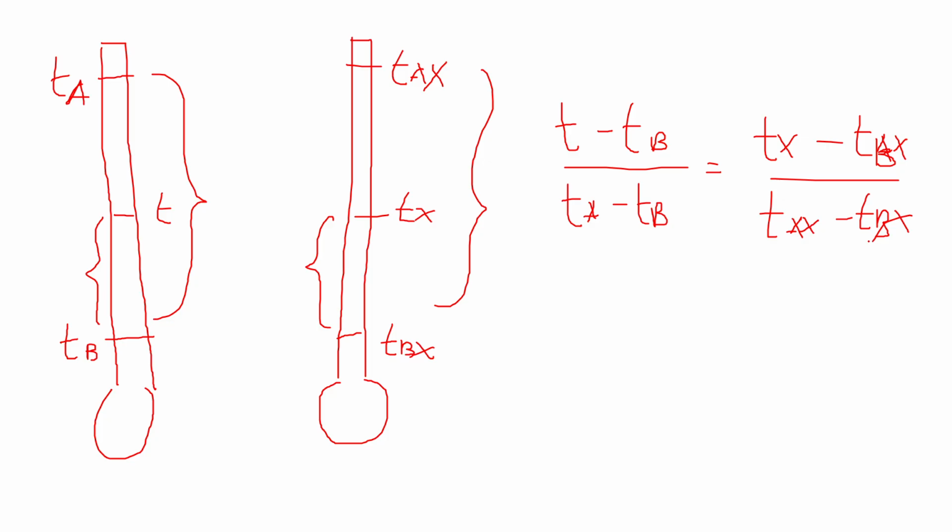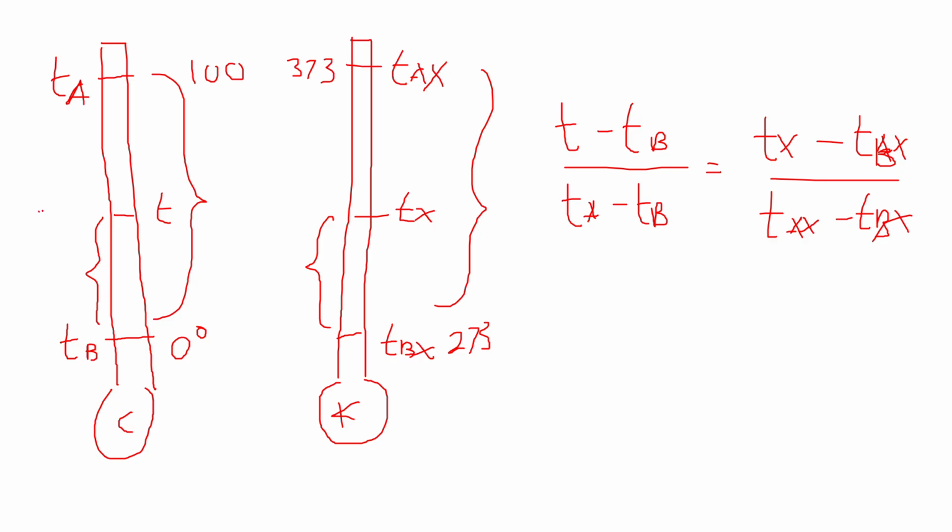Let's try this. Let's say this is Celsius and this is Kelvin. I'm going to put TB as 0 Celsius and TA as 100. This one is 273, and this one is 373.